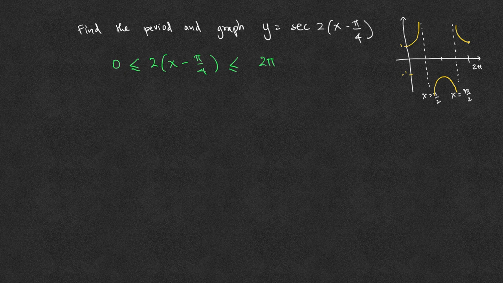Remember that we cannot include pi over 2 and 3 pi over 2 inside of the one complete period. To isolate x, we first divide all parts of these inequalities by 2 to get 0 less than x minus pi over 4 less than or equal to pi.